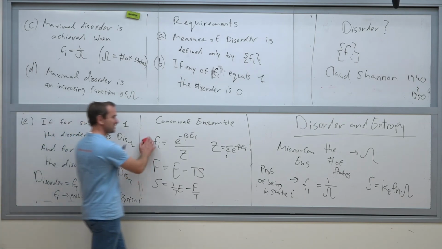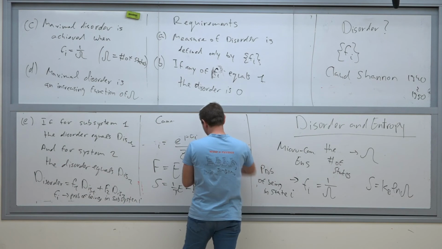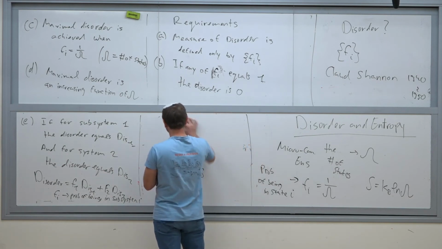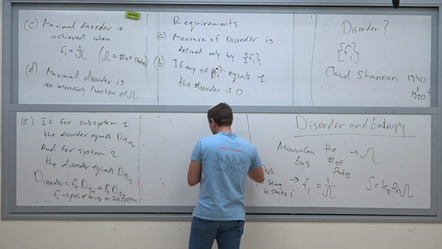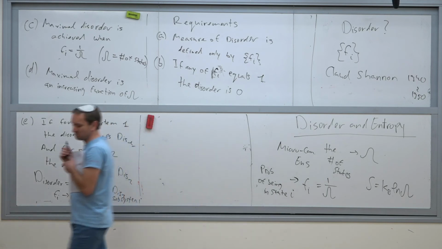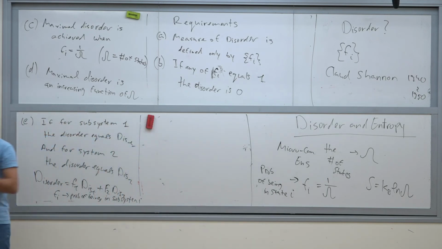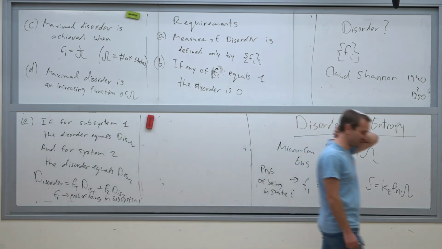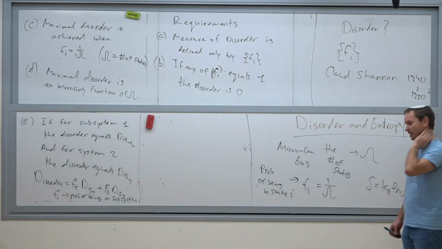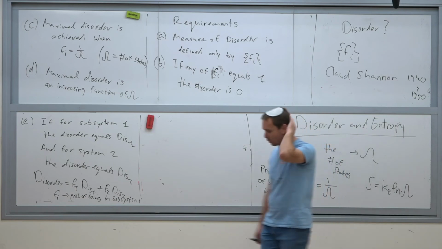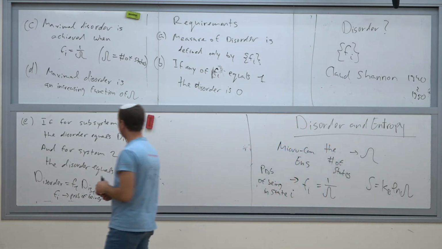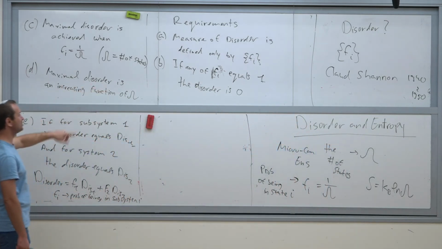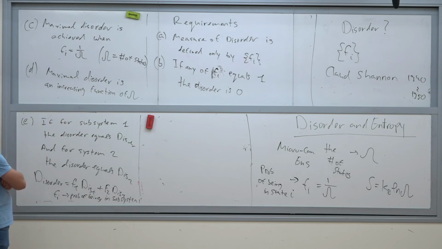This is related to the extensivity of everything. So if you want to define disorder, according to some information theory postulates about how much information you have about the system, which is related to a lot of cool concepts, you should have all these requirements satisfied.